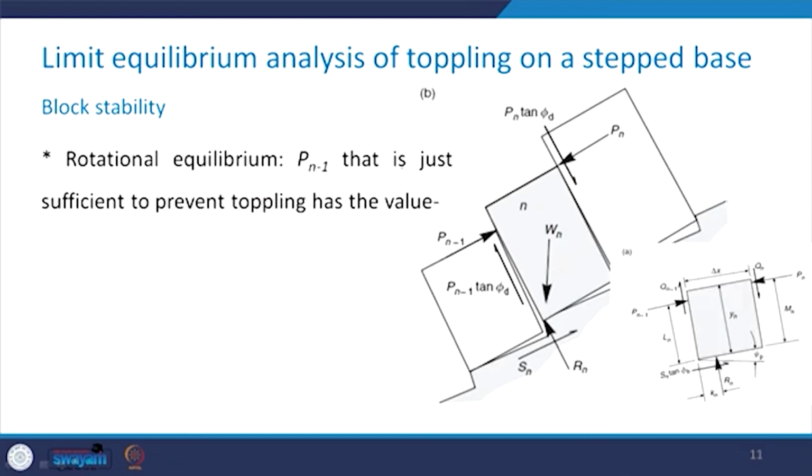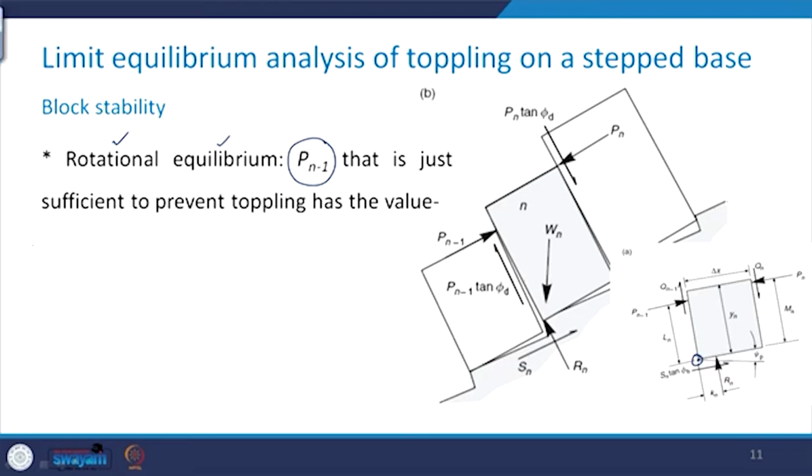Then we take the rotational equilibrium and try to find this force Pn minus 1, which is just sufficient to prevent toppling. How to do that? Take a look. You see that I take the rotation at this point.